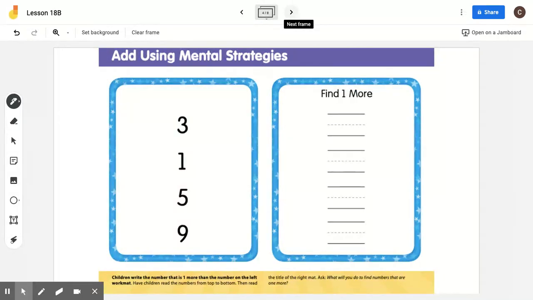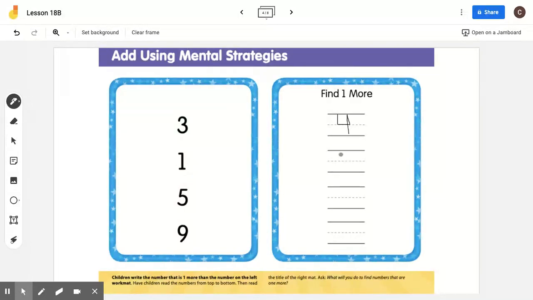So if we're thinking of how we can add on with mental strategies, we're going to look at these numbers and we're going to think about how you could find 1 more. So what's our first number you see? 3. So 3, 1 more would be 4. Very good. If we were looking at the number 1, what would be 1 more?